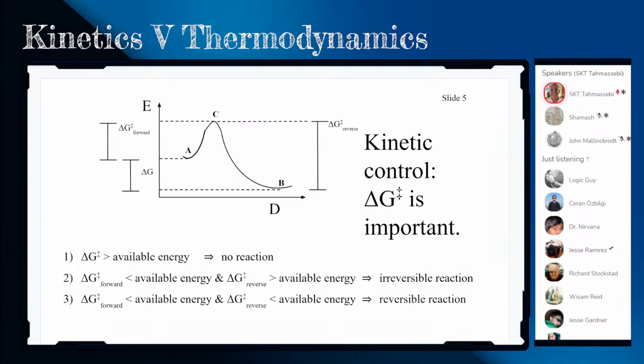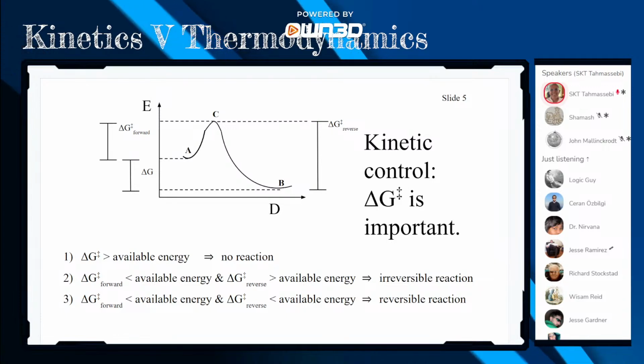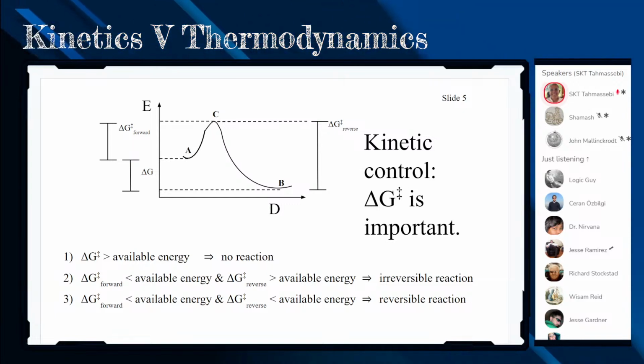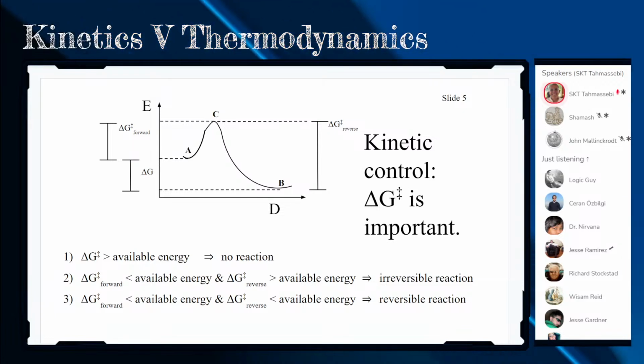So pictorially on this graph, if the delta G double dagger forward is energetically accessible, that is, reactants can react and reach the transition state, but the reverse is inaccessible, that is, B, the products, can't get together and have enough energy to make it over C, then that's an irreversible reaction.